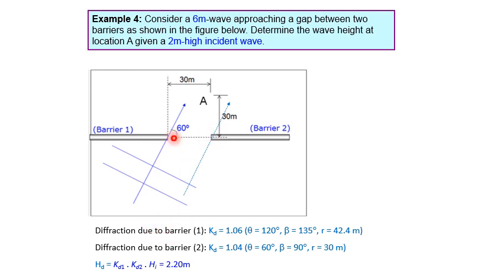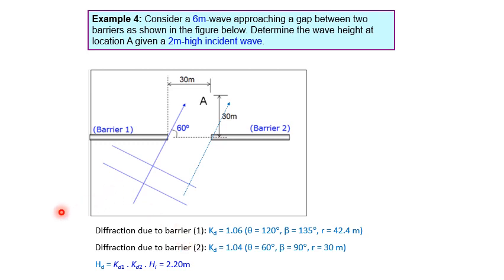But if we look at barrier 2, the diffraction coefficient for barrier 2 will be solved based on the incidence wave angle. The incident wave angle is actually 60 degrees from barrier 2. And A is located at 90 degrees from barrier 2. So you should be able to check from the table that we get the diffraction coefficient as approximately 1.04.